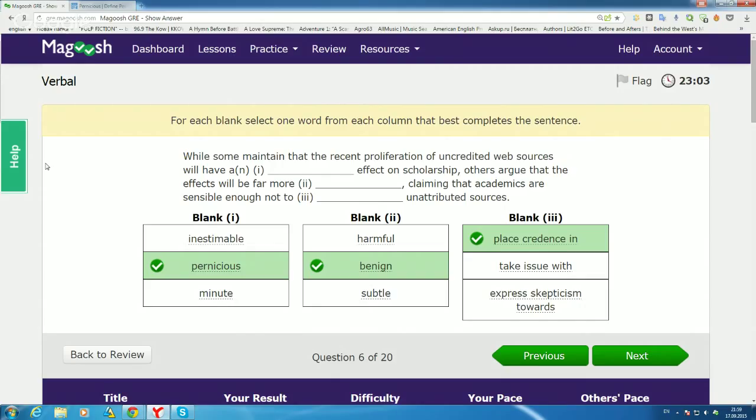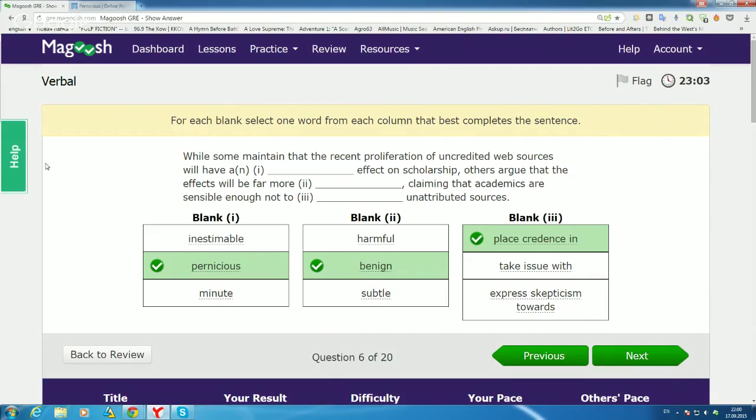What on earth does this mean, John? What did you just read? Some people believe that recent growth of unproven web sources will have a harmful effect on scholarship. What is scholarship? Scholarship is studying or learning.